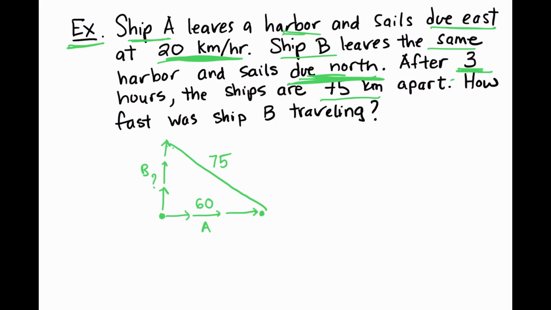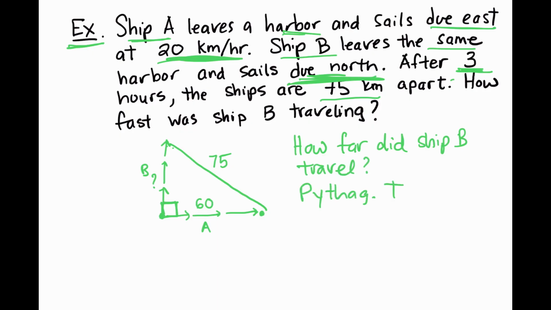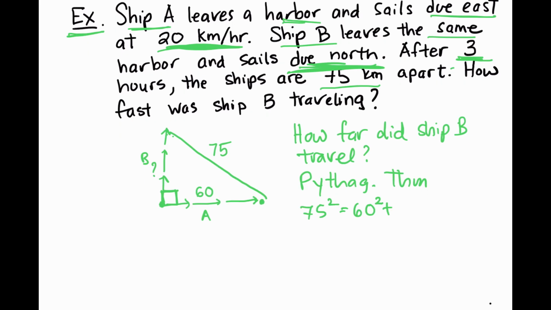However, traveling east and north gives me a right triangle, so I can actually figure out how far ship B traveled. So again, I'm going to use the Pythagorean theorem, and we know that 75 squared is equal to 60 squared plus, let's call this distance b, b squared.